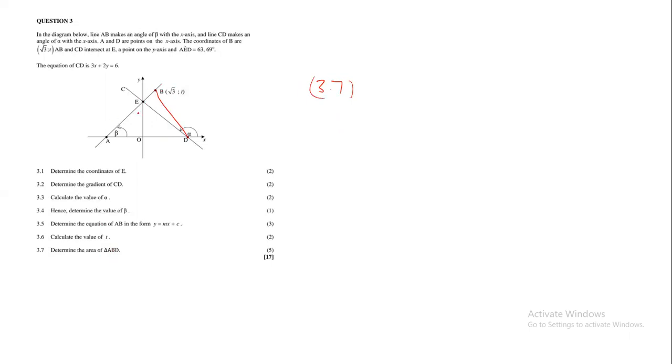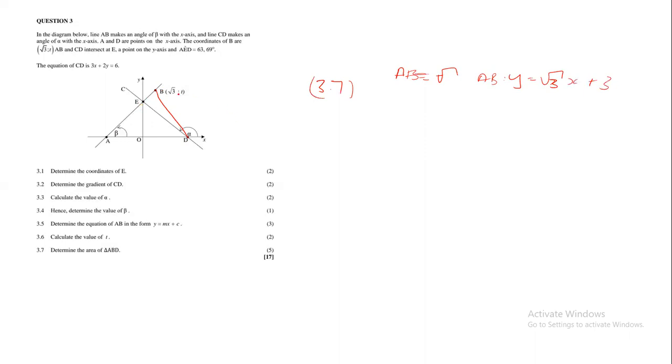But remember, we have already determined the equation of AB. The equation of AB was y is equal to root 3 multiplied by x plus 3.